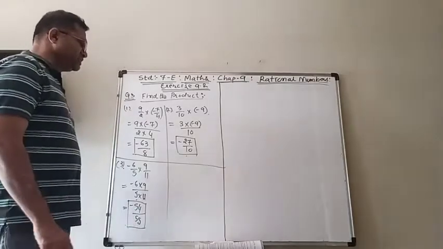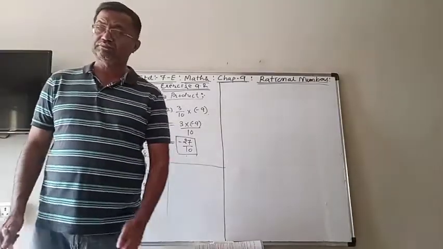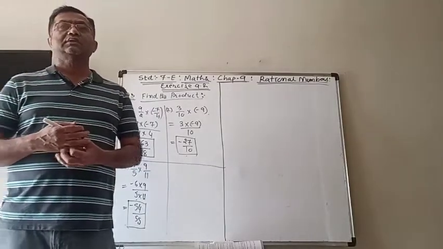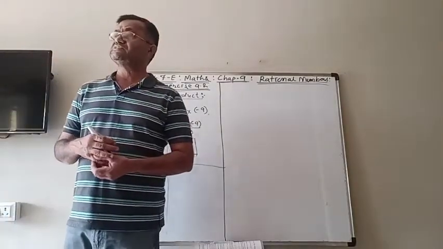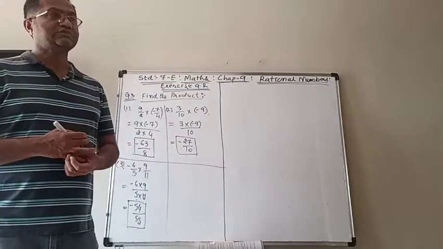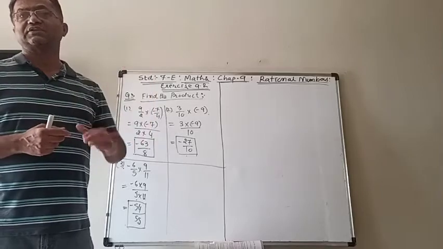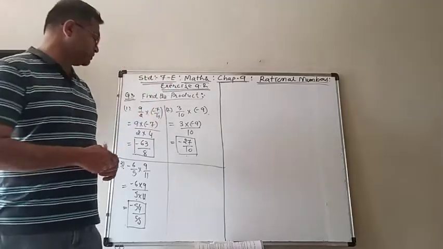So in multiplication it is a little easier because here we don't have to make the rational numbers with the same denominator. Just we have to simplify if there are common factors in the numerator and denominator.